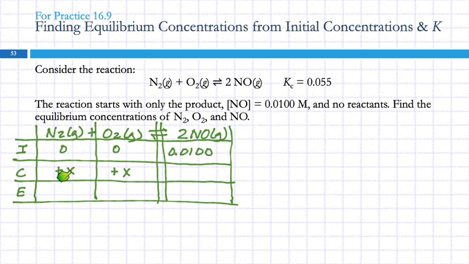There's a 1 here, so this is 1x as opposed to 2x or 3x or something. Over here, we're starting with this, and this concentration is going to go down, so this is going to change by subtracting. And there's 2 of these. So this is going to be minus 2x. Okay? Everybody okay with that?